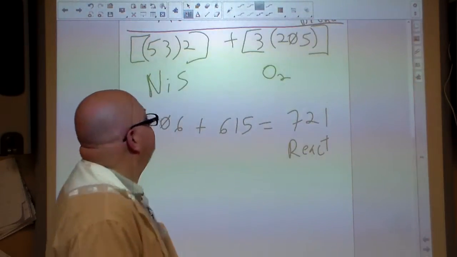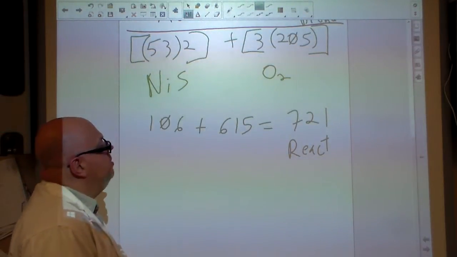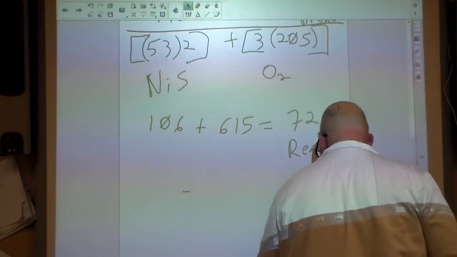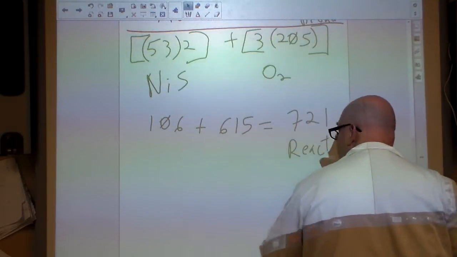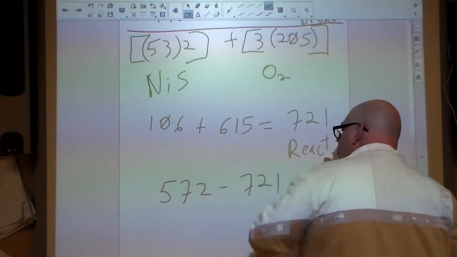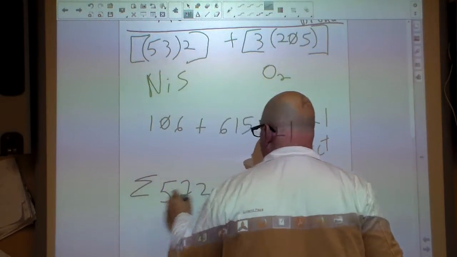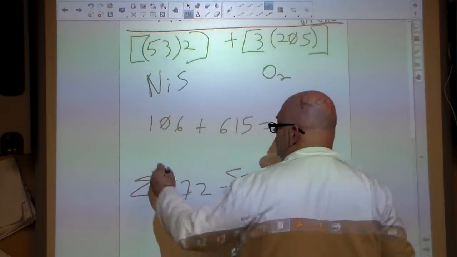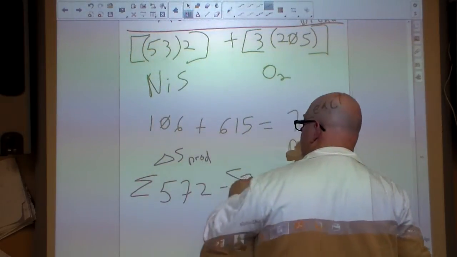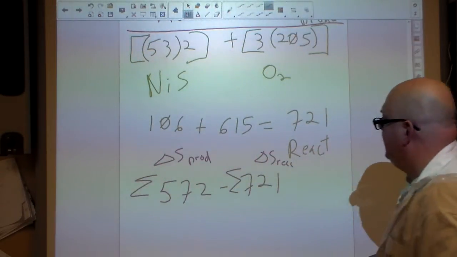Now we need to sum it up. It says products minus reactants. So what was our product? Let me double check, 572. So here it is, 572 minus 721, because that's the total S for our products, and here's our total S for our reactants.